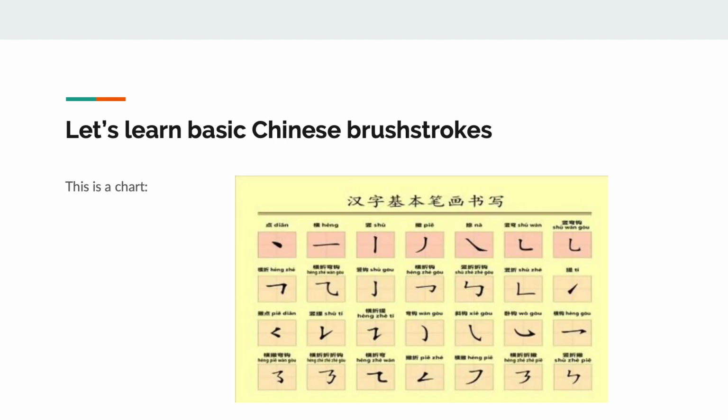Next, here is a chart with many Chinese brushstrokes on it. Let me quickly read all of them for you.